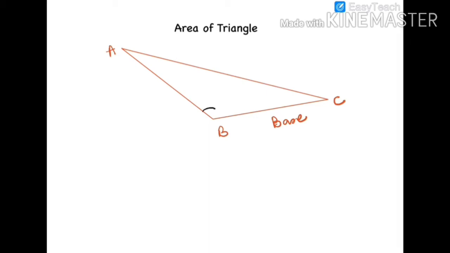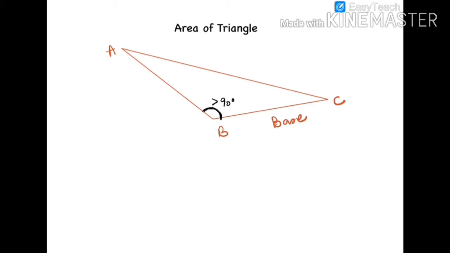Now in an obtuse angle triangle, one of the angles is greater than 90. So here angle ABC is greater than 90 degrees. And the angle between the altitude and the base is 90 degrees. This implies that altitude from A cannot be inside the triangle.